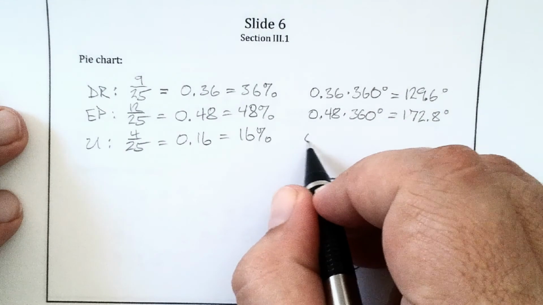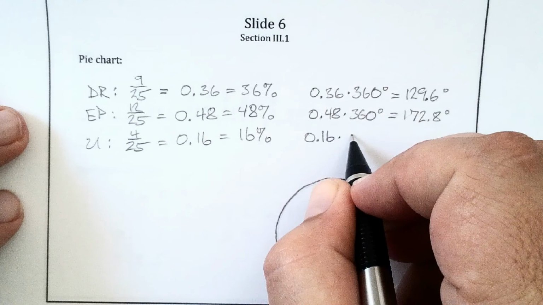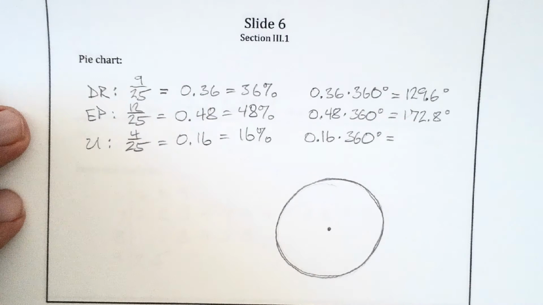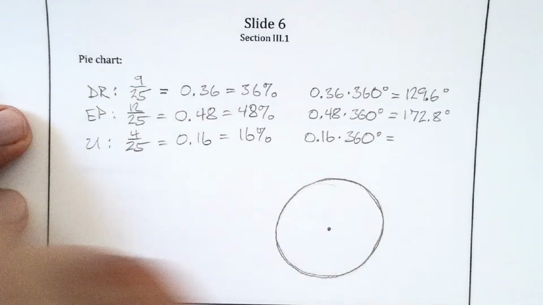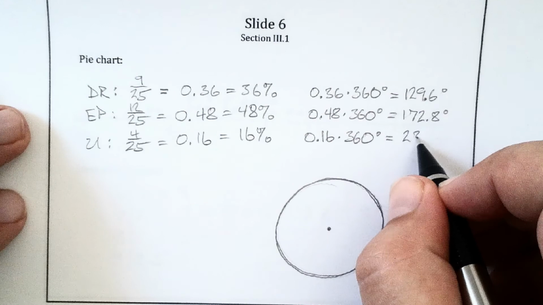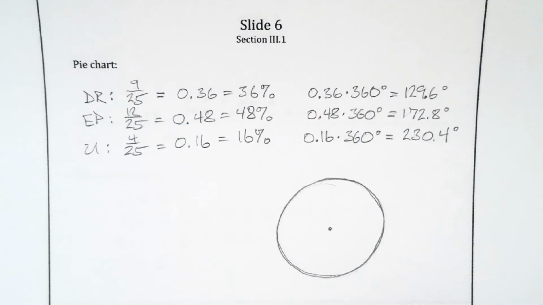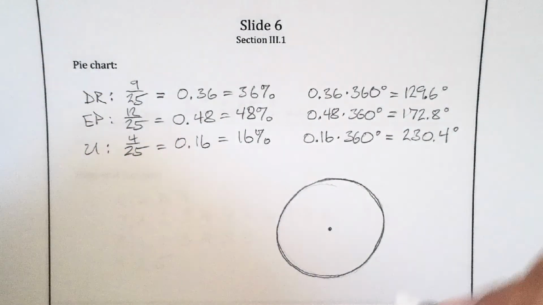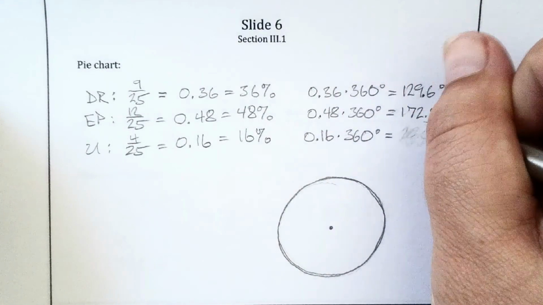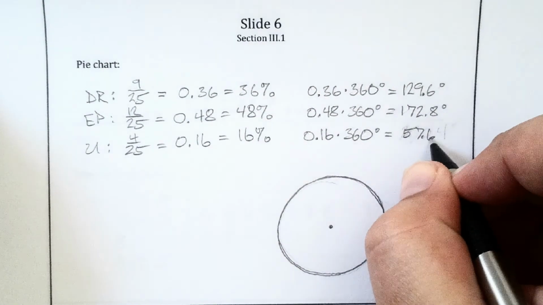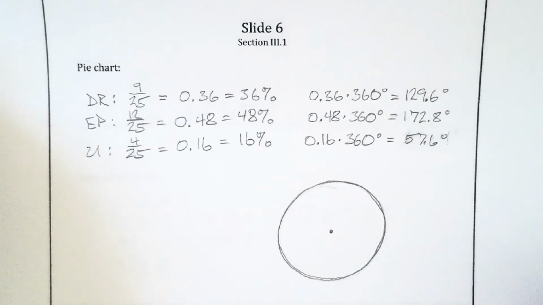And then Uvalde, we've got 0.16 times 360 degrees. That's not right. 57.6. Sorry, I don't know how I got that. 57.6 degrees.